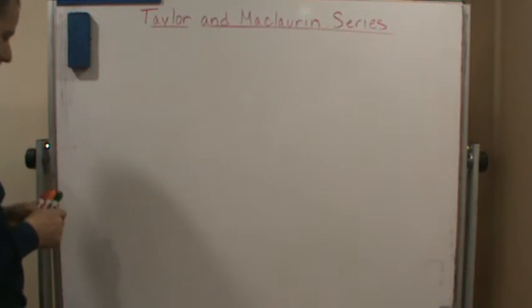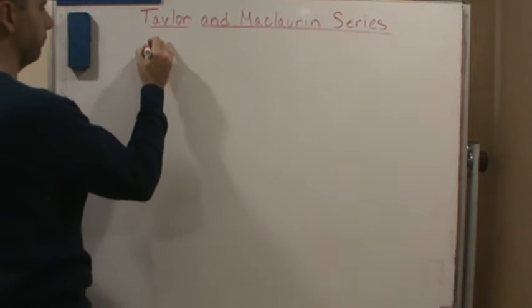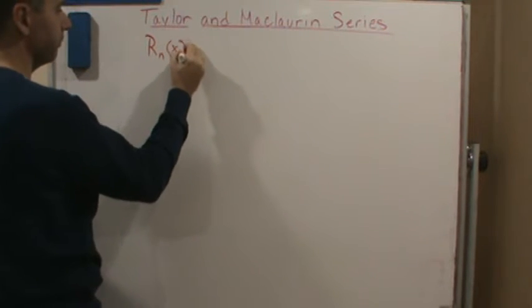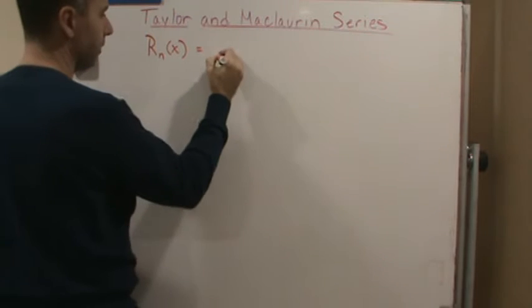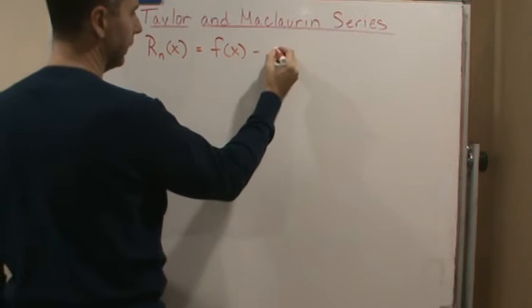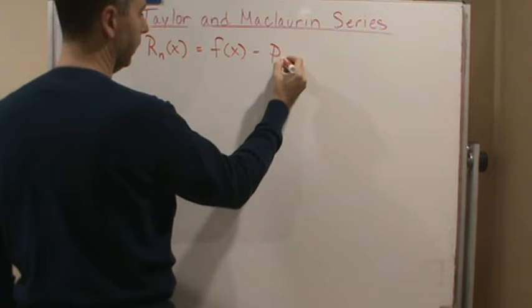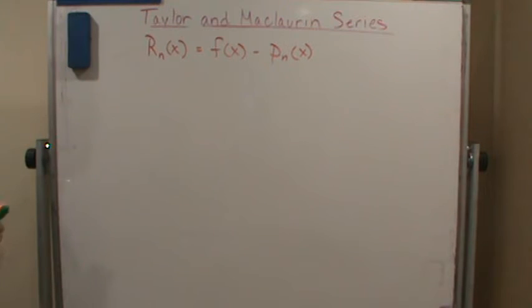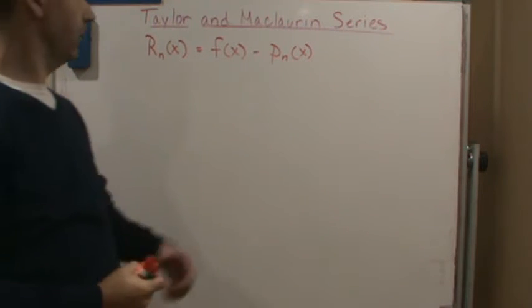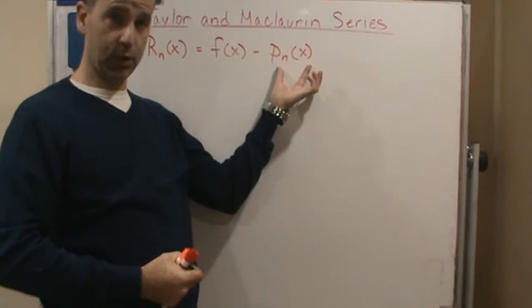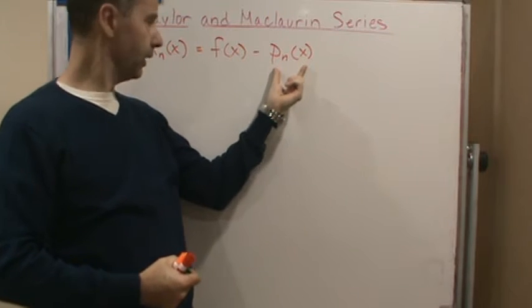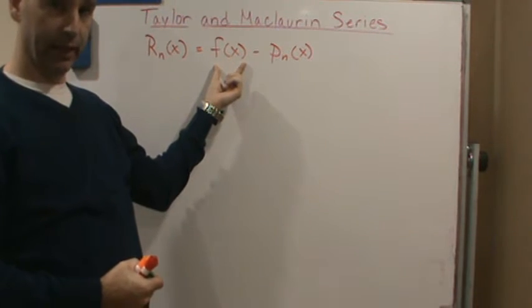Okay, and so what we're going to do is the remainder r sub n of x is going to be defined as f of x minus Pn of x, where this represents the nth partial sum, or the nth Taylor polynomial, and this is the function that it represents.